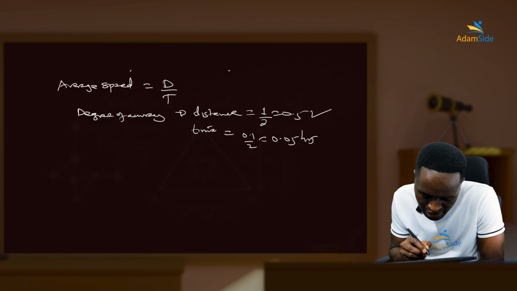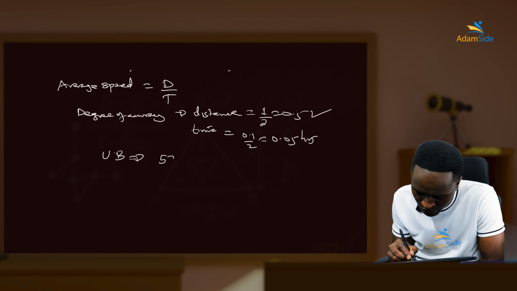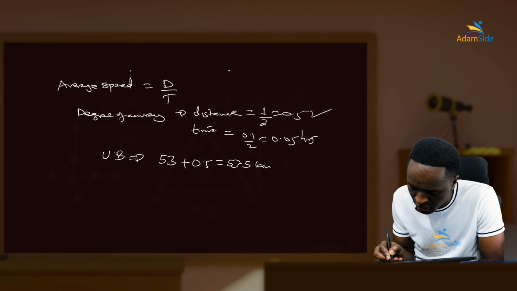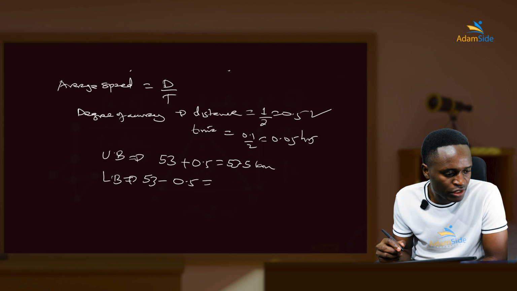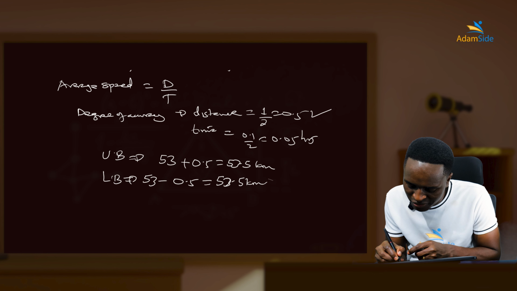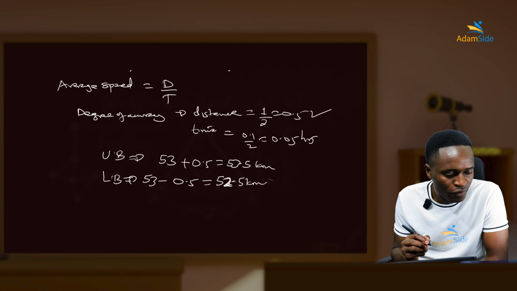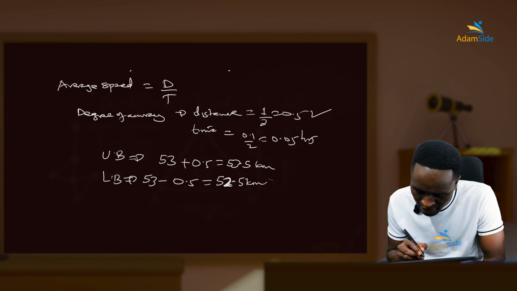The upper bound will be 53 plus 0.5, which is 53.5 kilometers. And the lower bound will be 53 minus 0.5, which gives 52.5 kilometers.